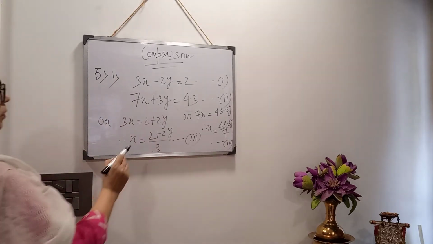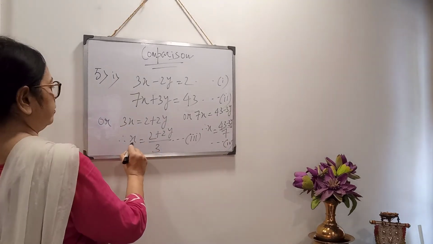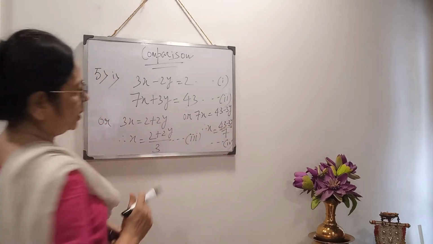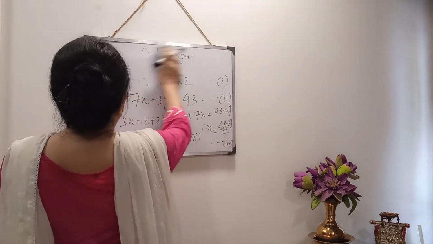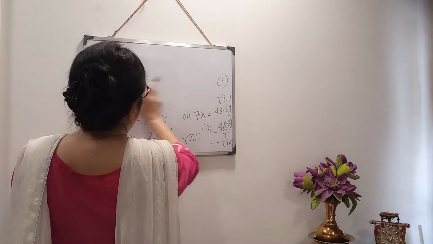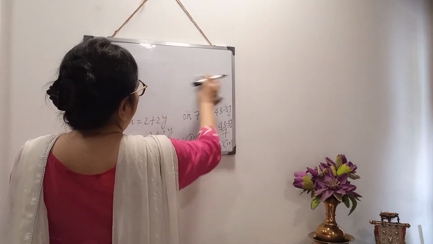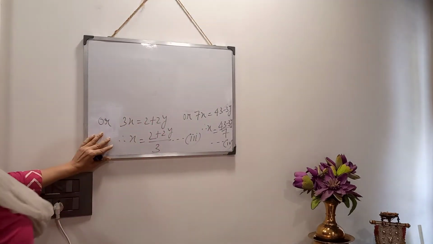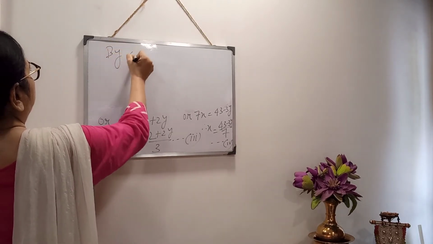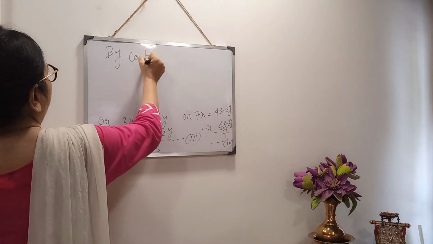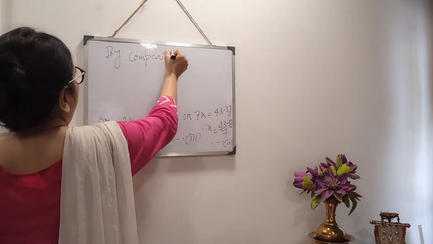Now see equation 3 and 4. Both are x equals to this, x equals to that. Now we will compare. And when you are using this method, you have to write down this by comparing, otherwise half mark will be deducted. By comparing, what you are comparing?